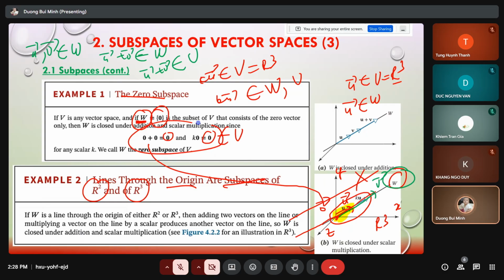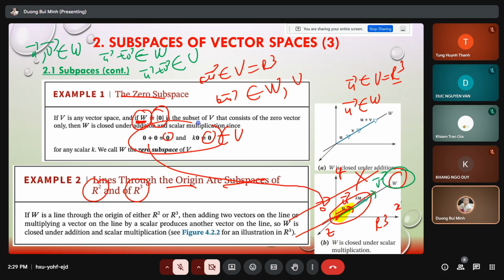So if I have vector u here, vector u belongs to W, and vector u also belongs to V. Now we have vector v here, which belongs to W and V also. Do you read me? And now we take u plus v.